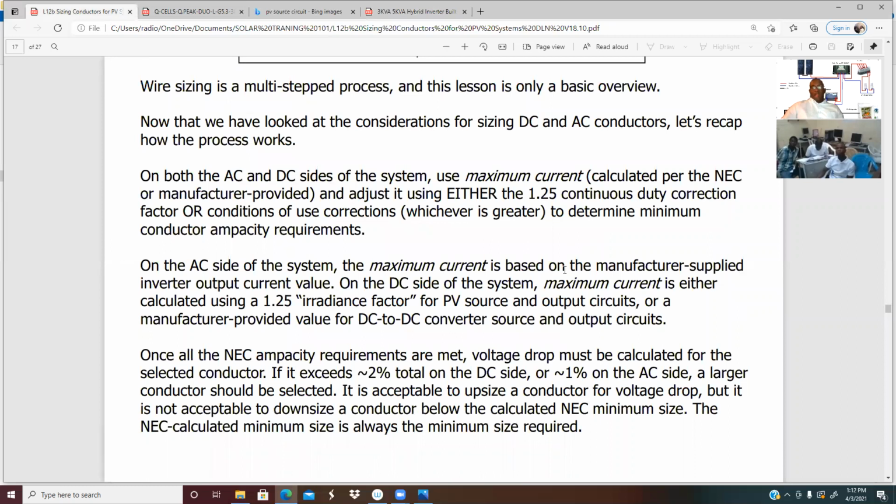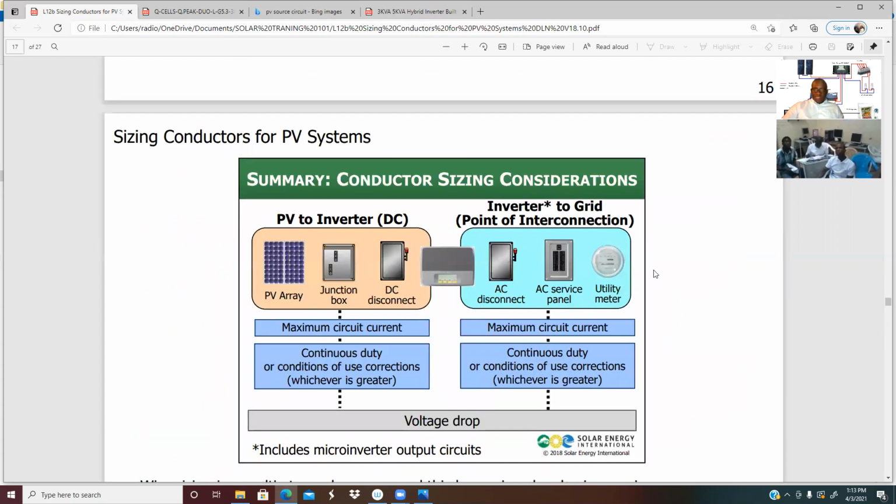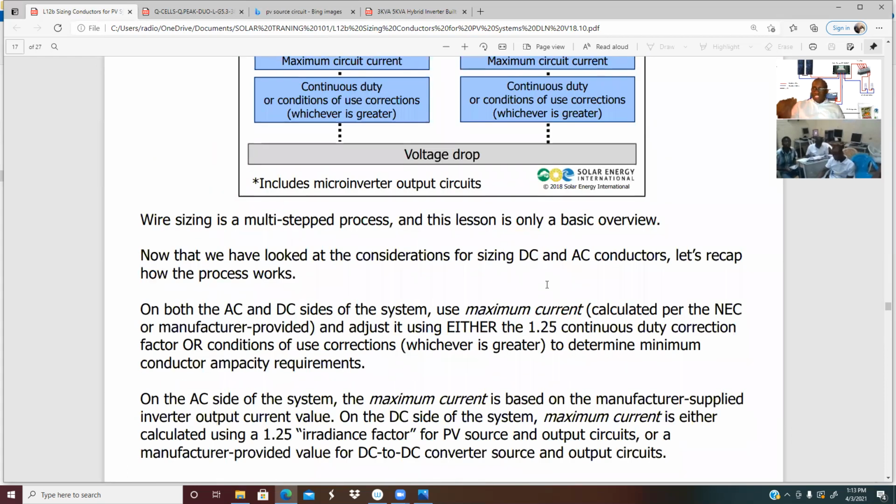So now, for your DC side, we're going to find the irradiance. And then we're going to multiply the irradiance by 1.25 to find the maximum current for your DC side. For the AC side, we're going to look at the data sheet of the inverter, which will tell us.